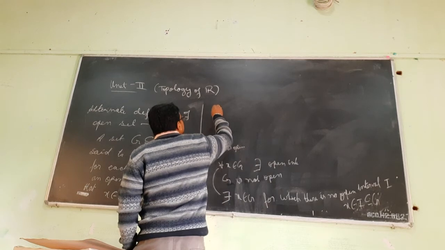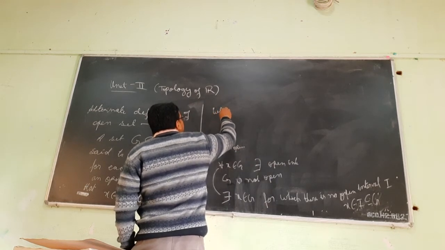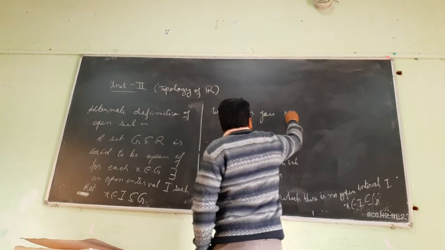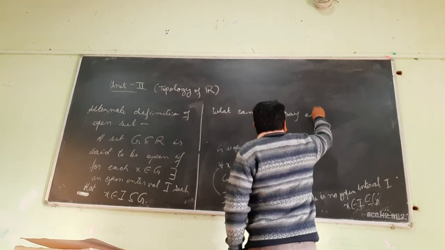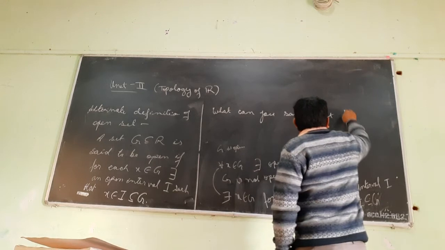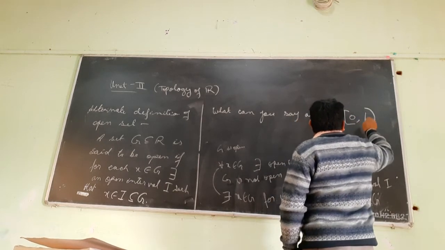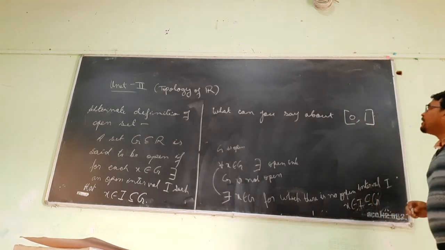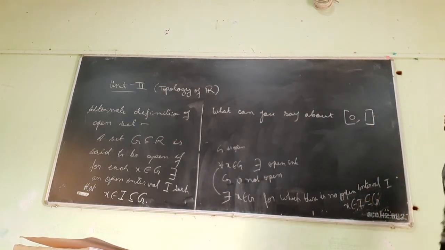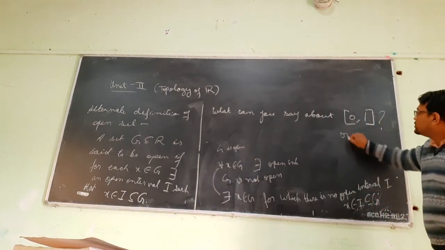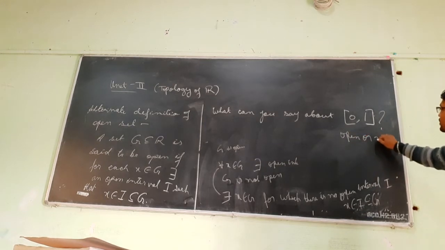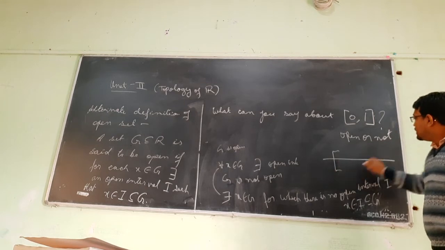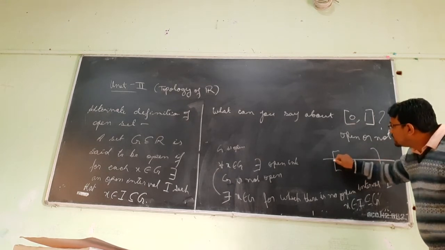What can you say about the closed interval 0 1? Is it an open set or not? Not open. Why? Because 0 and 1 both have one side of the interval.